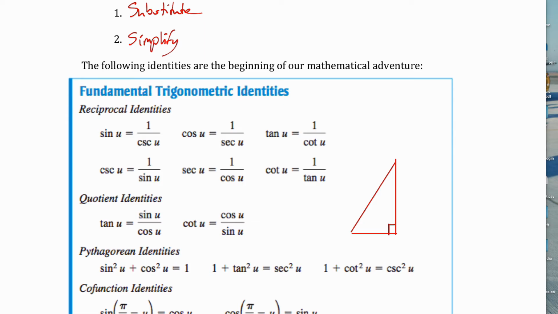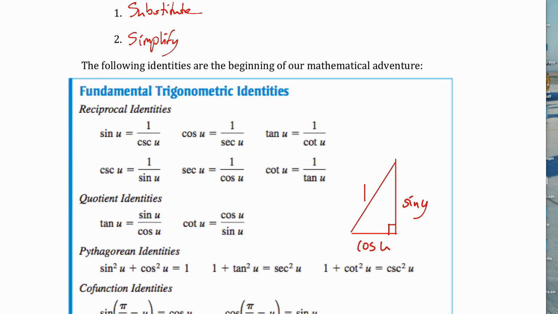If you were to draw a right triangle from the unit circle, you'd have a radius of 1. In other words, the hypotenuse would be 1. The x, the horizontal, is your cosine. I guess I should probably use cosine of u here. And the vertical would be the sine. So using the Pythagorean theorem, sine squared plus cosine squared equals 1 squared. In other words, sine squared plus cosine squared equals 1.